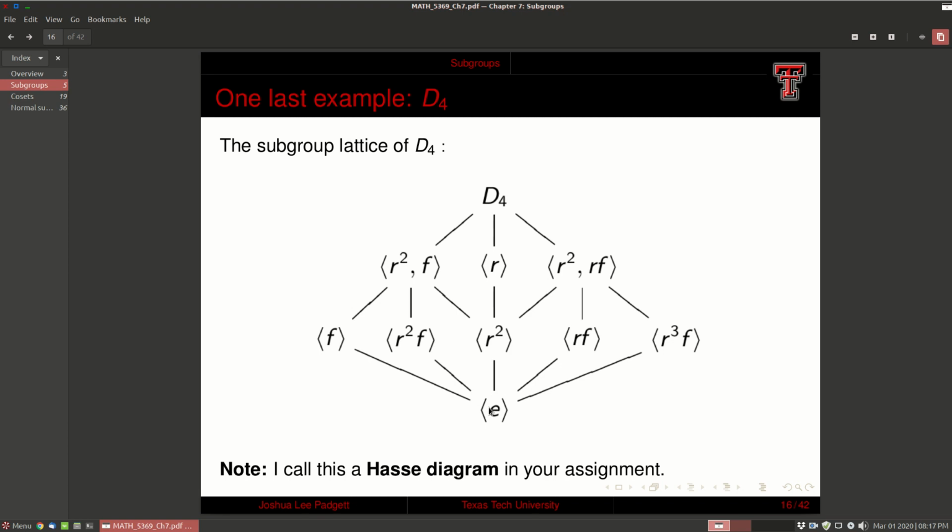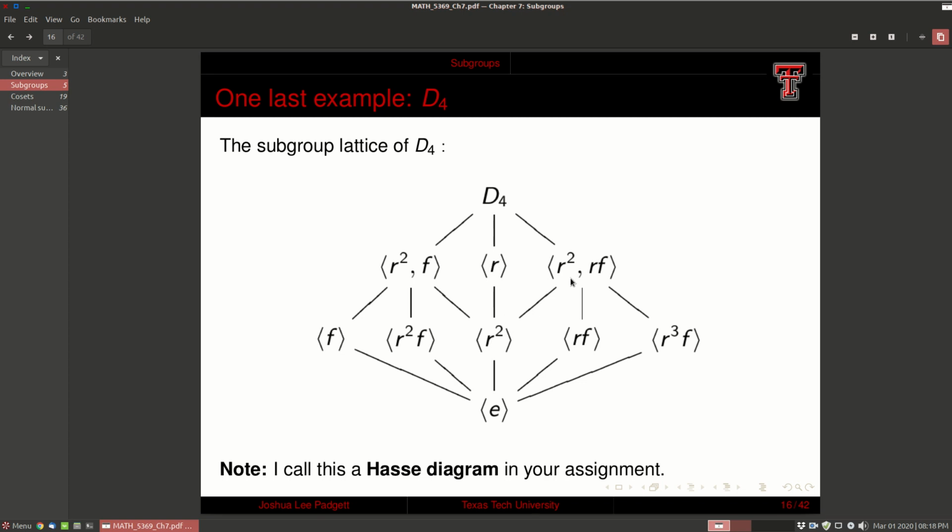So the idea is something is a subgroup of something else if I can find an upward path between the two. So what I mean, E is a subgroup of R squared comma RF because I can go up and over. Okay. Similarly, I can go over and up or over and then back left. So there's all kinds of paths to it. Similarly, R squared is a subgroup of R because of the reason I just gave you.